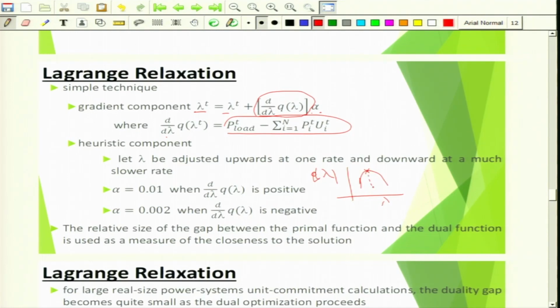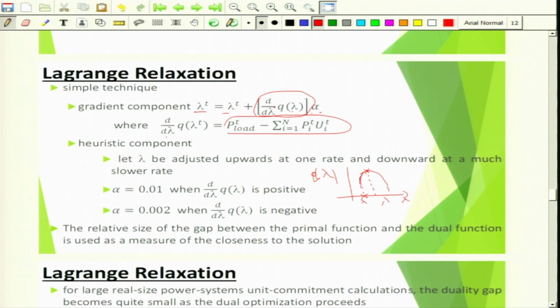Let us say you are at this point lambda, now you find the rate of change, the slope of q lambda, d by d lambda. If this value is positive, that means you are increasing, you are going towards the maximum value.